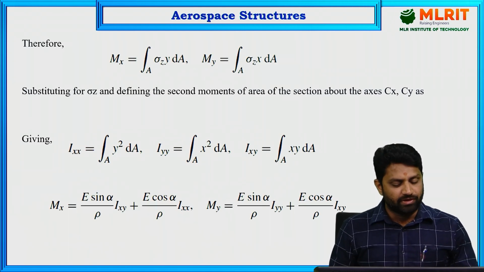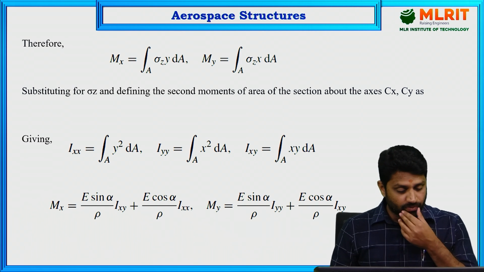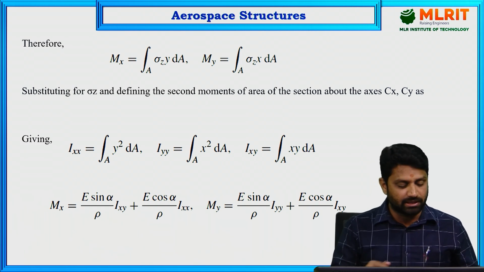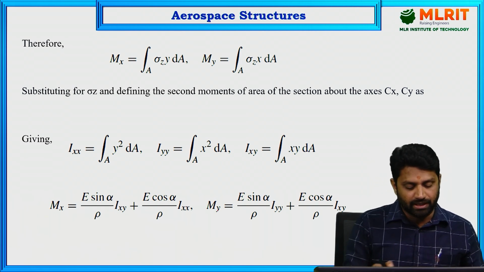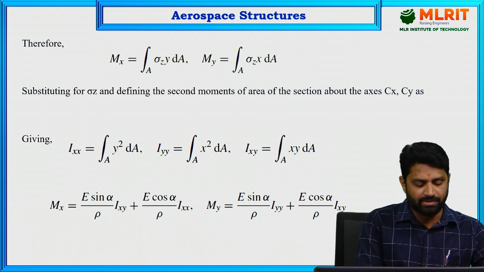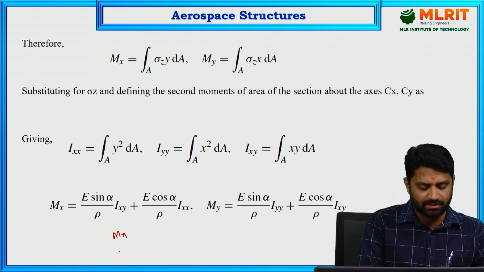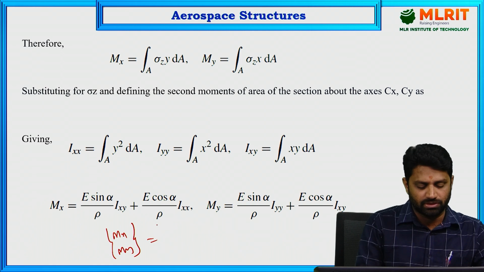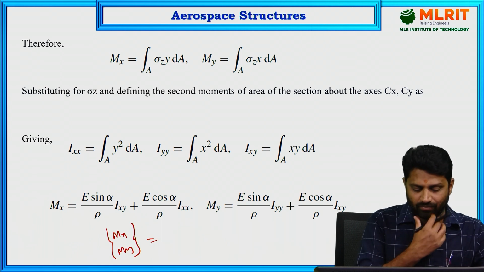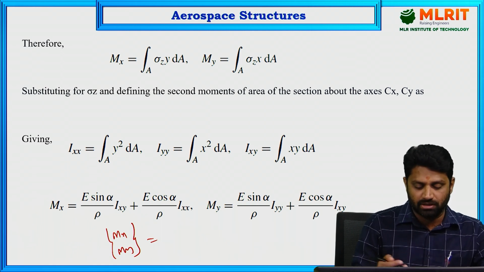So next, what we are going to do here is put it in matrix form, that is Mx and My. It is very simple to put it in matrix form. You can write Mx My in matrix form, and that is equal to the constants you can take out.